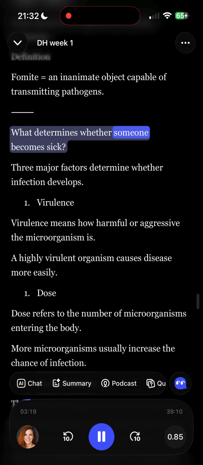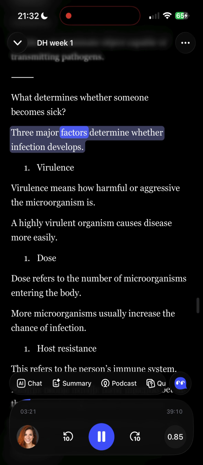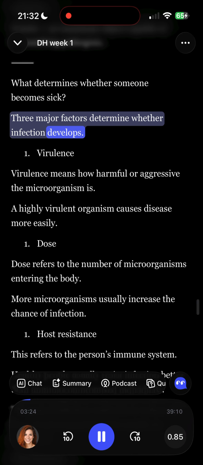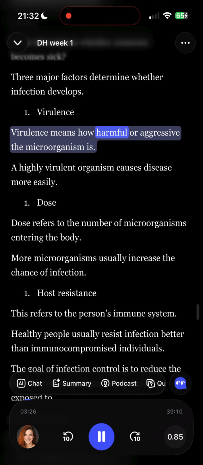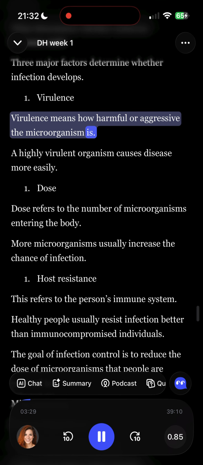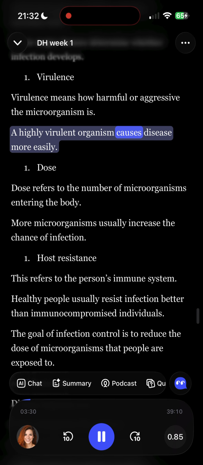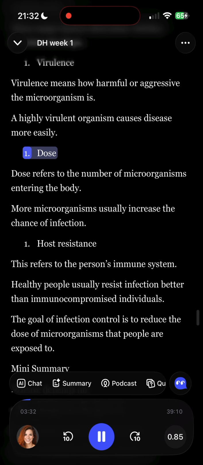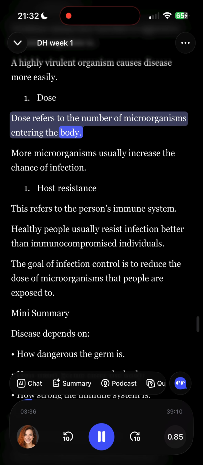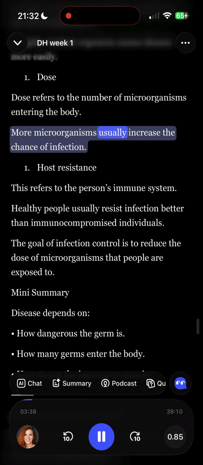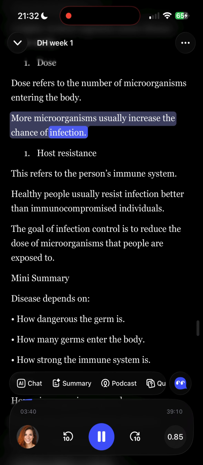What determines whether someone becomes sick? Three major factors determine whether infection develops. One. Virulence. Virulence means how harmful or aggressive the microorganism is. A highly virulent organism causes disease more easily. Two. Dose. Dose refers to the number of microorganisms entering the body. More microorganisms usually increase the chance of infection. Three.